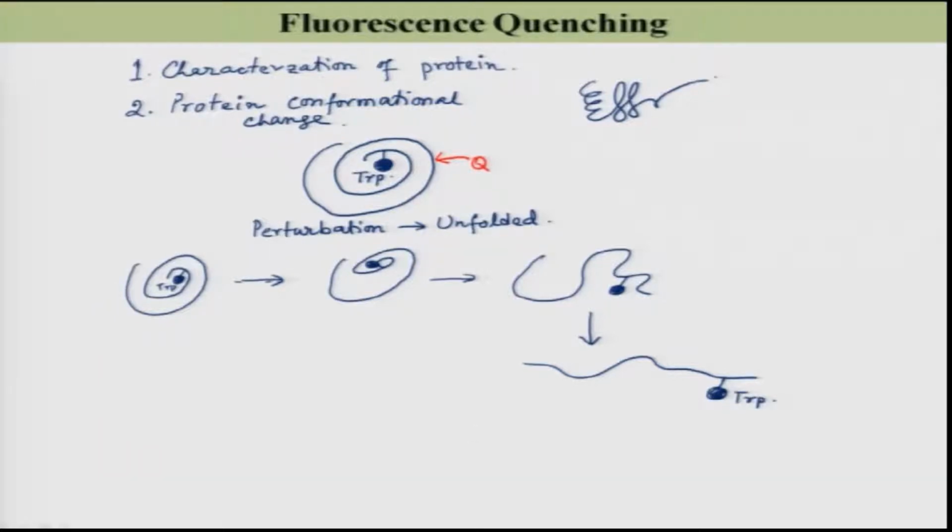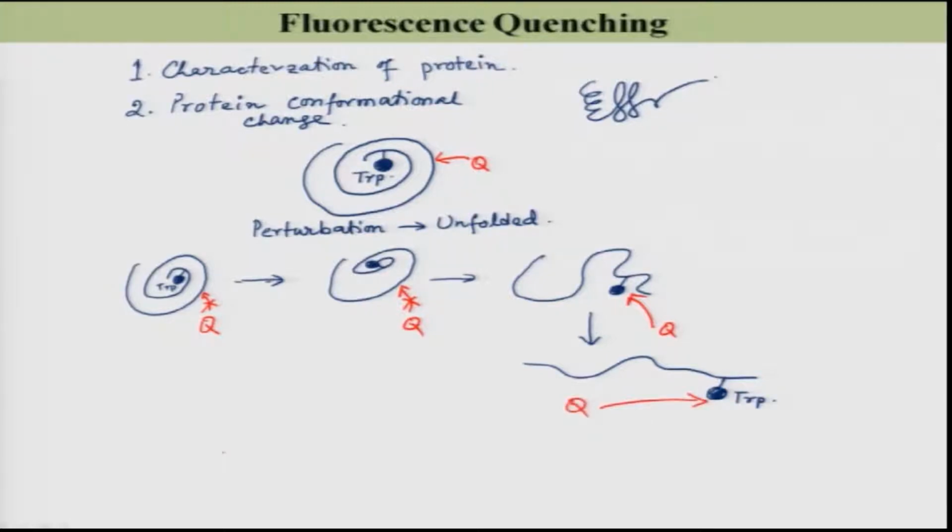So, depending on the secondary structure of this protein, the accessibility of the quencher will be different. Here the quencher cannot interact with this tryptophan, here also it cannot, but here it can somewhat interact, and here the interaction with the tryptophan is quite easy.